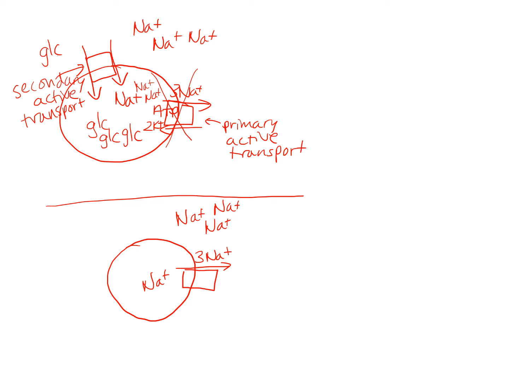So we keep moving 3 sodium out, 2 potassium in. We're directly using ATP there, so we've got our primary active transport. And that's going to set up our sodium concentration gradient. And then we're also going to be moving some hydrogen ions.